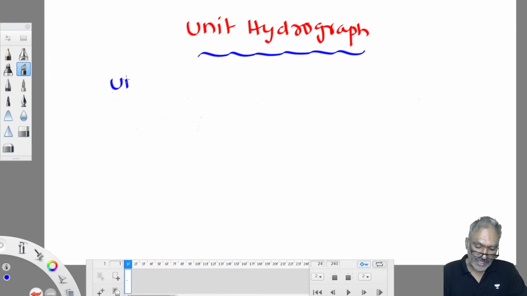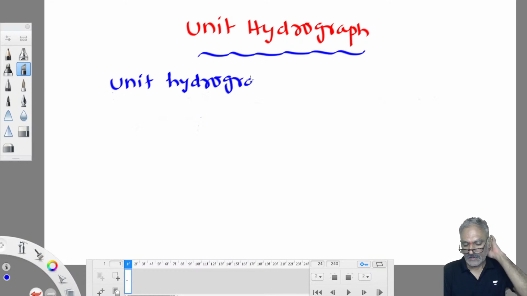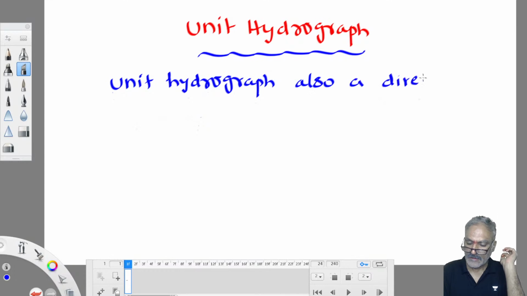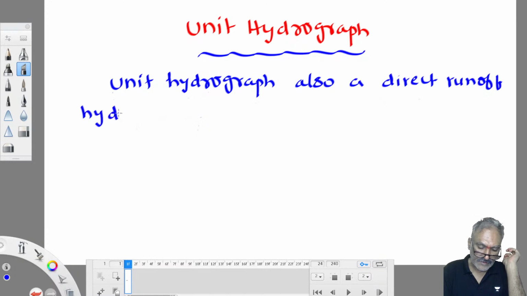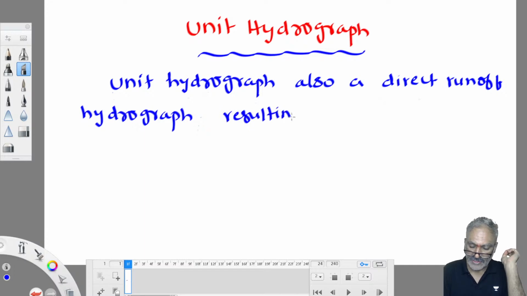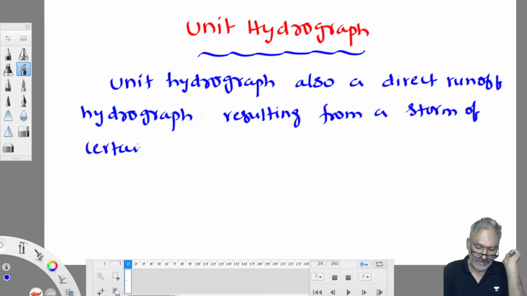A unit hydrograph is also a direct runoff hydrograph resulting from a uniform storm of certain duration.